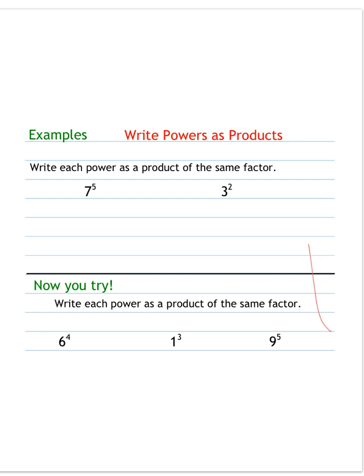Okay, here are some examples we're going to look at. This first part says, write each power as a product of the same factor. So the same number that is being multiplied together. So on this first one, 7 to the power of 5, this 7 is our base, and this 5 is our exponent.